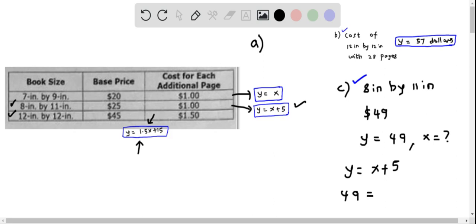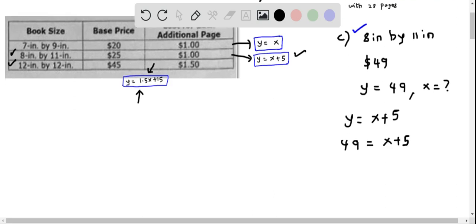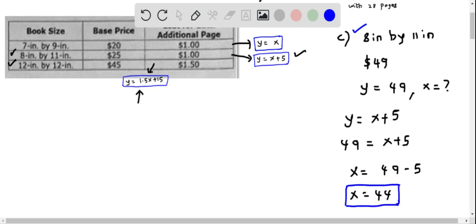So 49 equals x plus 5. Therefore, we can solve for x from this equation. So x equals 49 minus 5, and this equals 44. So there are 44 pages in the 8-inch by 11-inch book, which costs $49.